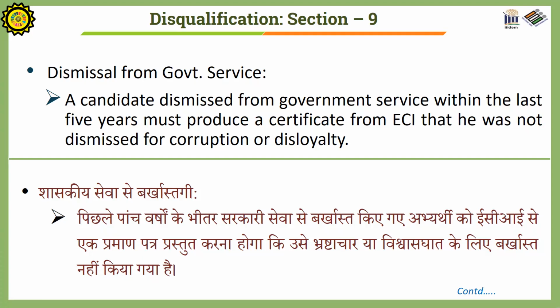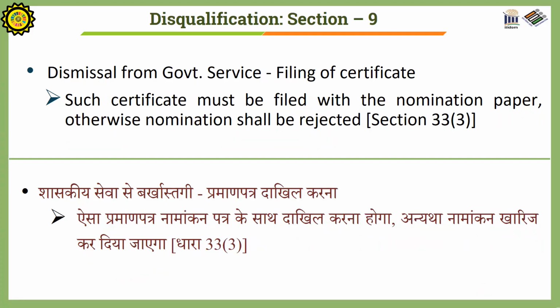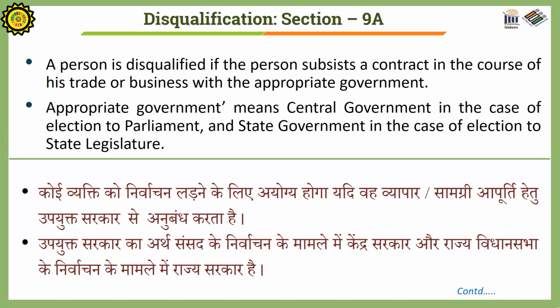A candidate dismissed from government service within the last 5 years must produce a certificate from ECI that he was not dismissed for corruption or disloyalty. Filing of certificate. Such certificate must be filed with the nomination paper, otherwise the nomination shall be rejected.